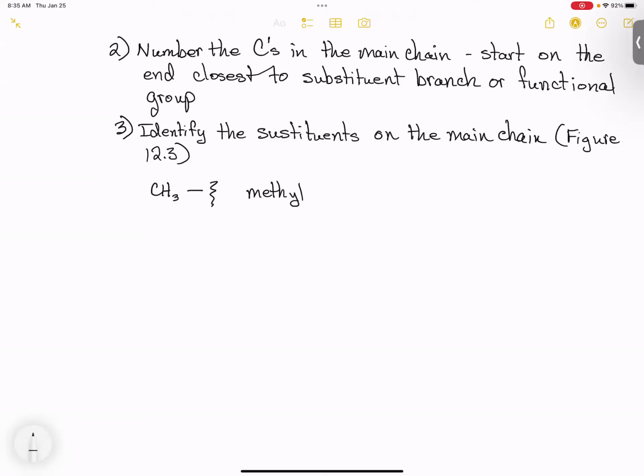The squiggly line just represents the rest of the compound. The next one is a CH3 CH2 group. Well, if I have 2 carbons, what was it called? Ethane? Well, this is called an ethyl group.